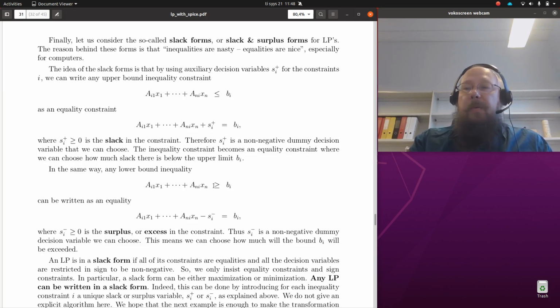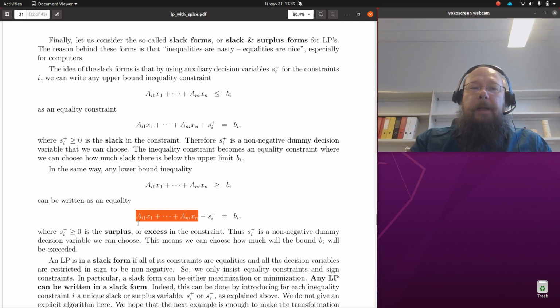And what happens with the lower bounds? Well, exactly the same thing. We have a dummy variable s_i, now minus. These are also non-negative, and that's why we have a minus sign here. So what happens here is exactly the same, except that because this is a lower bound, if I take this and subtract something positive, then this will be an equality.